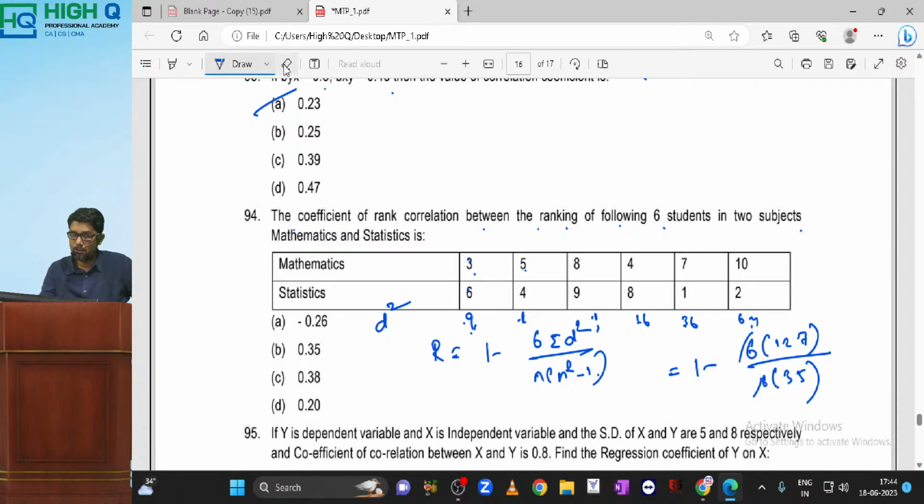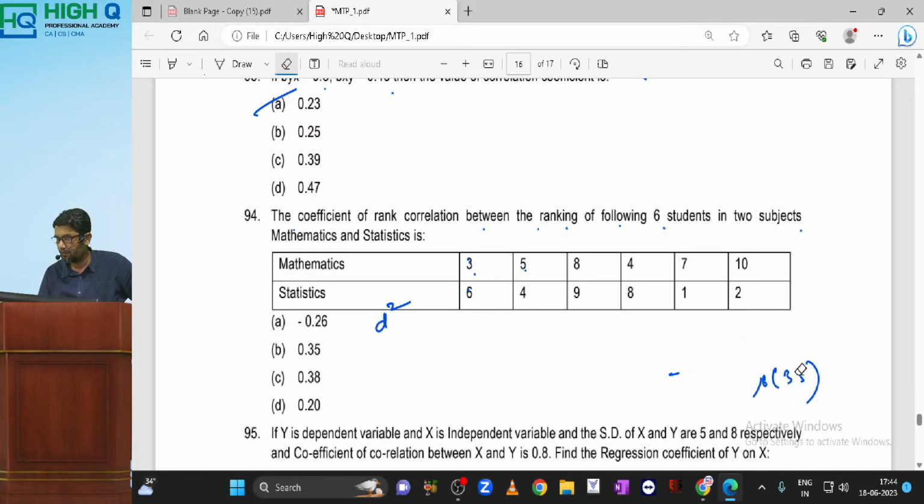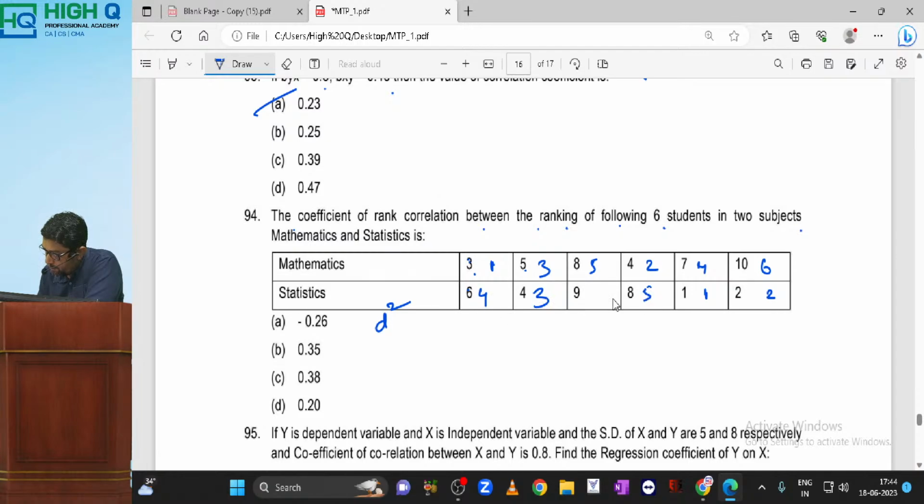Oh, I need to find out the rank here. Tell me, what is the rank? 1, 2, 3, 4, 5, 6. And here 1, 2, 3, 4, 5, 6.